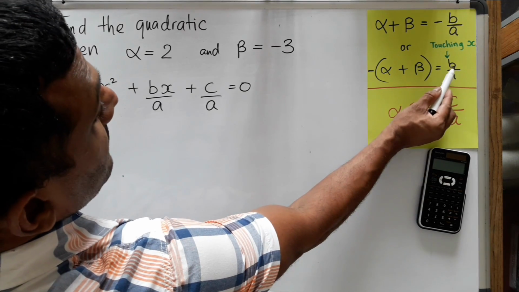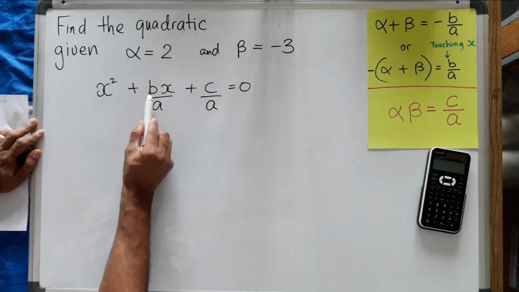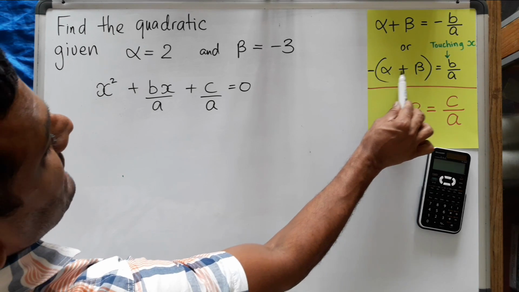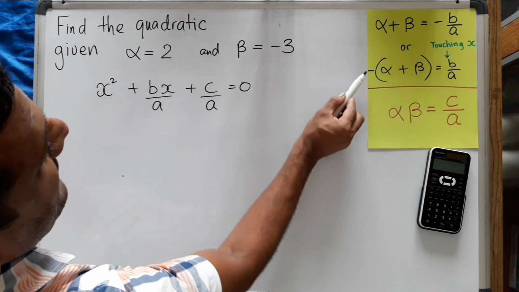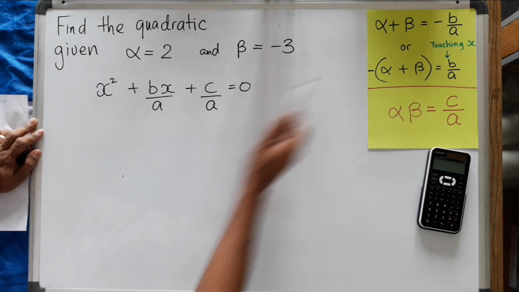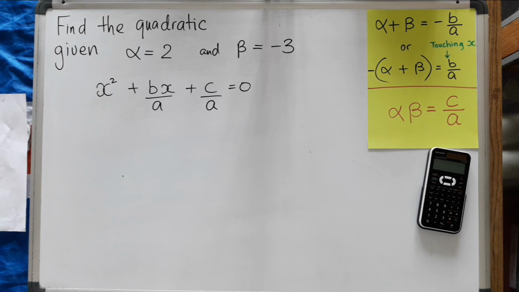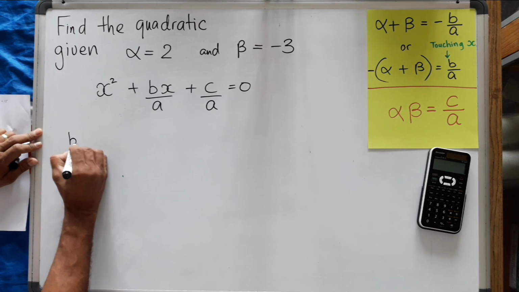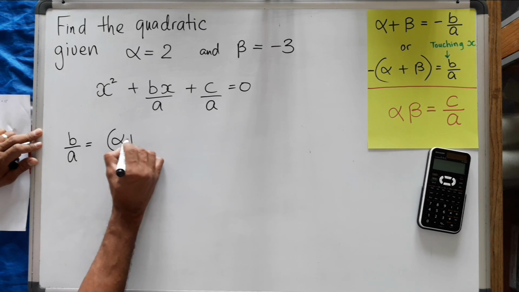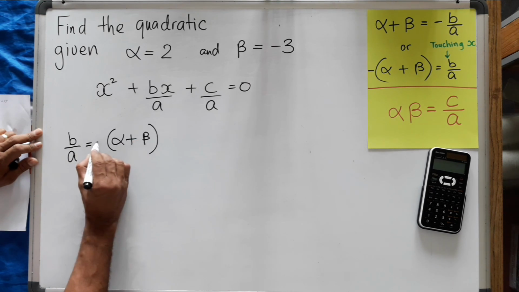To figure out b divided by a, I'm going to use this formula. I'm going to add the 2 roots, and whatever I get, I'm going to apply a minus sign to it. When you apply a minus sign to an expression, you're already making it the opposite. So, b divided by a is minus open brackets alpha plus beta, and you have a minus sign here.